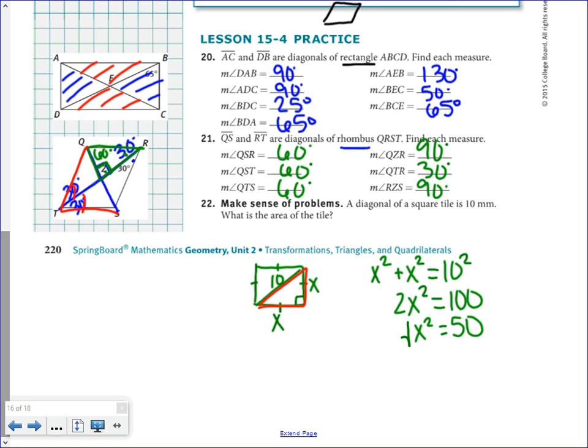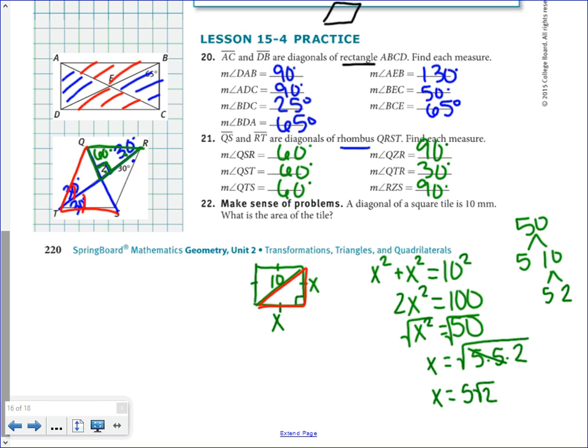And so then you can take the square root, and then for 50, it factors as 5 and 10, and 10 factors as 5 and 2. So we could write 50 as 5 times 5 times 2. We have a pair of 5s, so if we pull out that pair of 5s, we're left with 5 square roots of 2. And so that's the length of one of your sides.